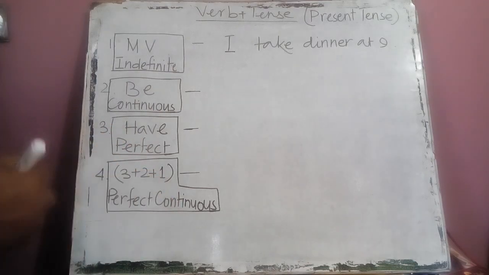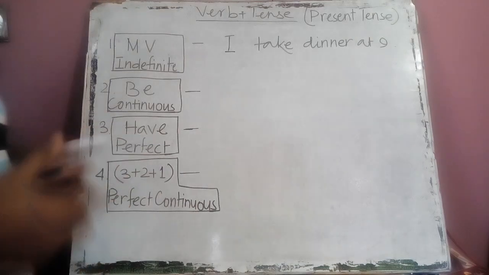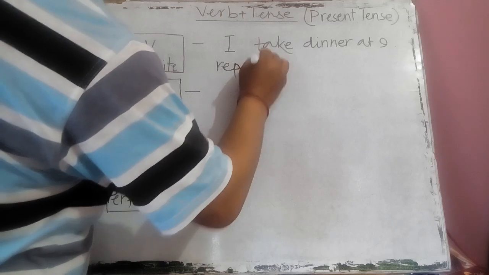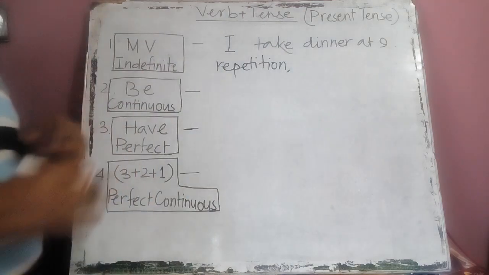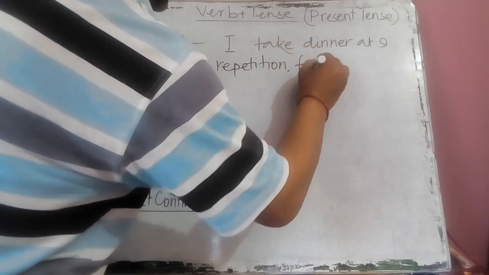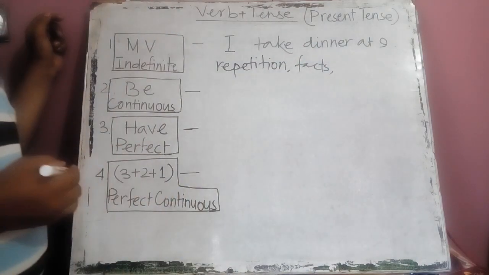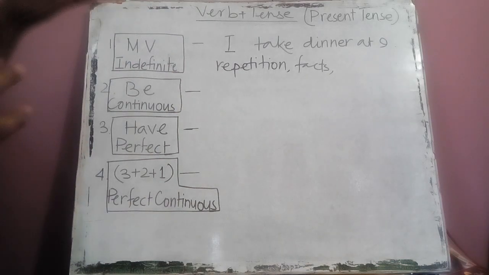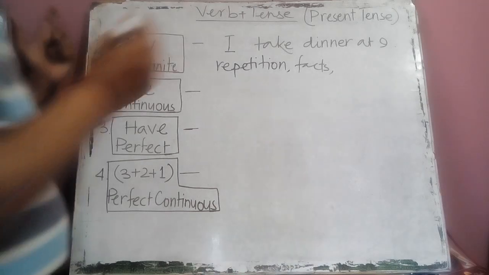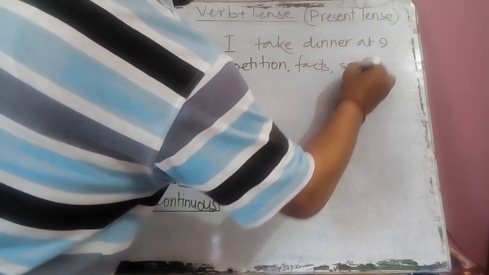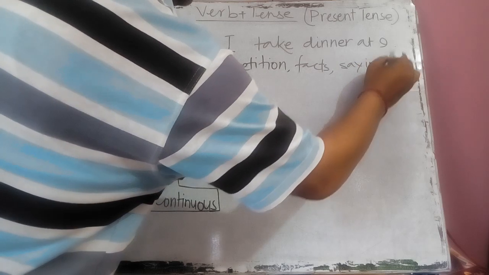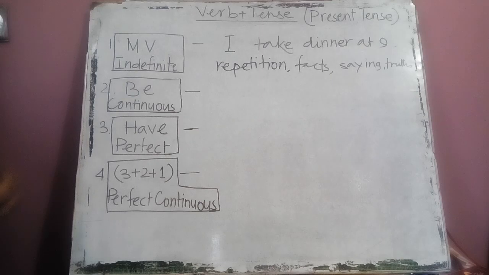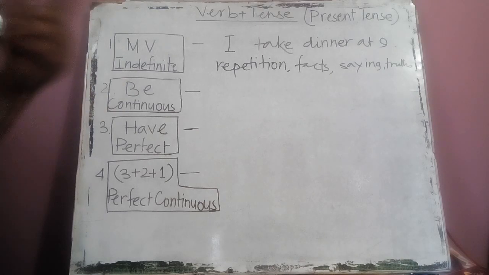Repetition may come in any form: a repetition of activities, or repetition coming in the form of facts, truths, sayings, whatever comes, but that suggests a repetition of the same action.